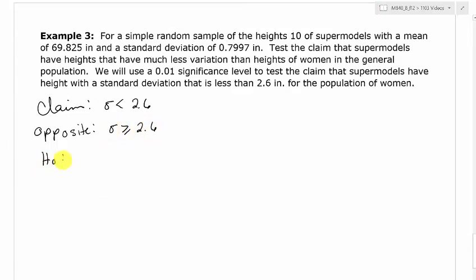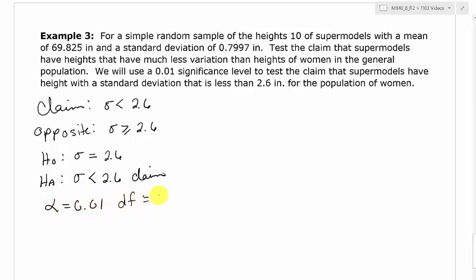Our null, that's always the equal to statement, so the standard deviation is equal to 2.6, and the alternative is our claim that the standard deviation is less than 2.6. Our significance level is 0.01, and our degrees of freedom is 9.